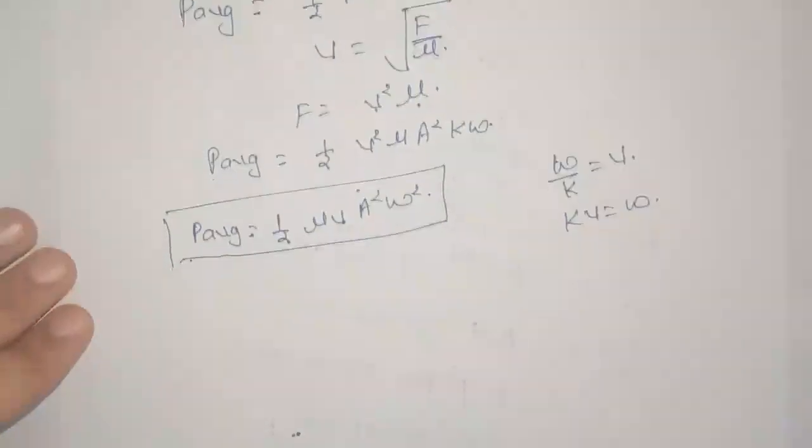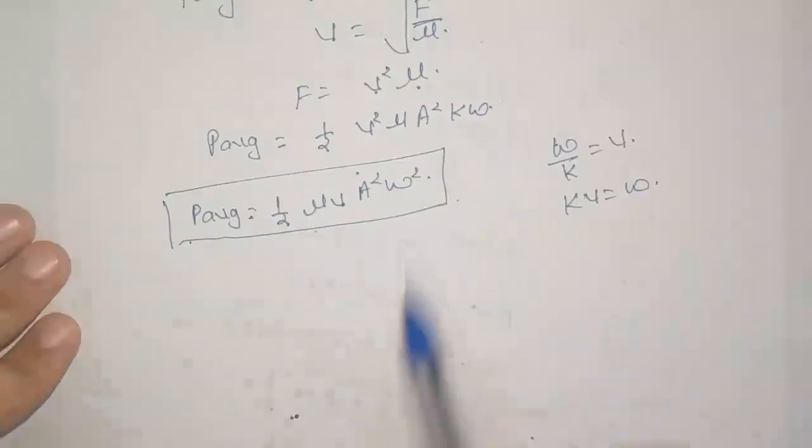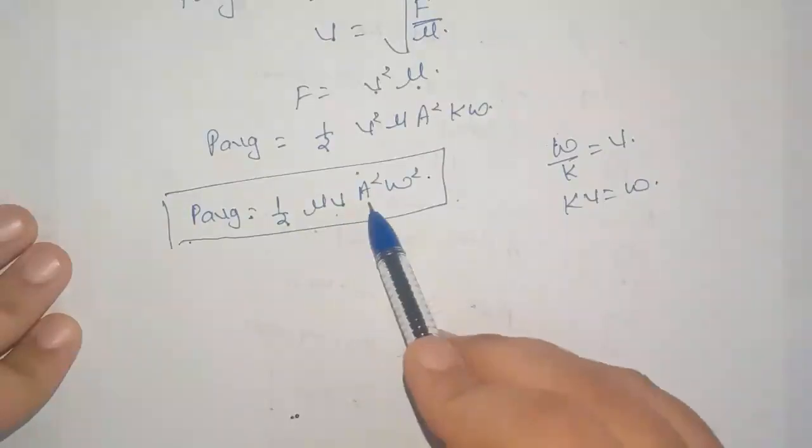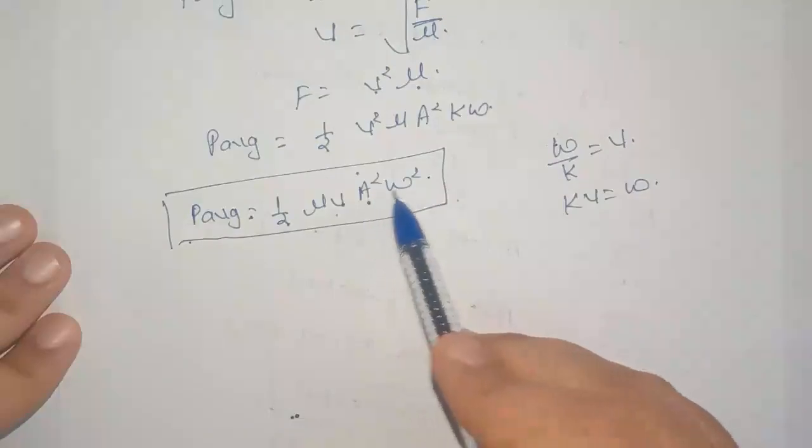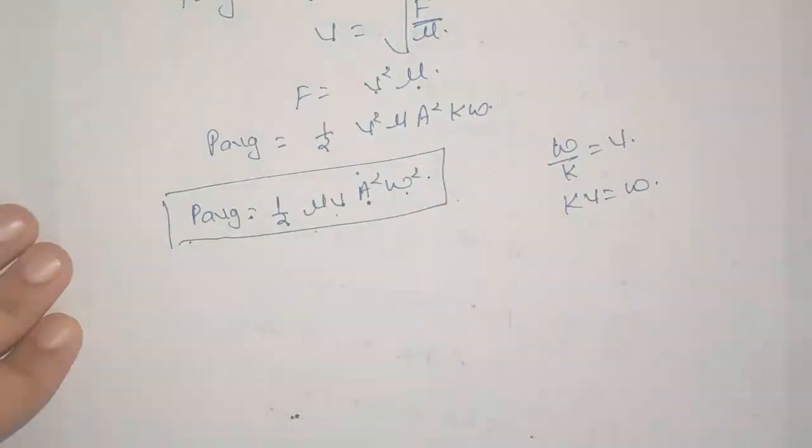Here mu is the linear mass density, v is the speed of wave, A is the displacement amplitude and omega is the angular frequency. In case of sound waves, we define intensity of the wave.